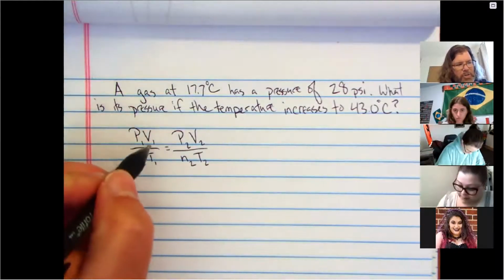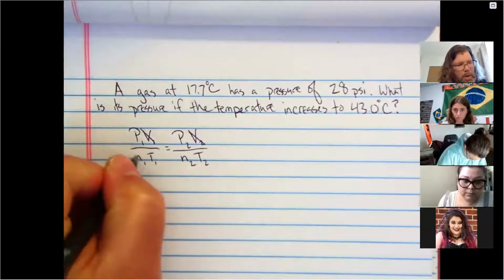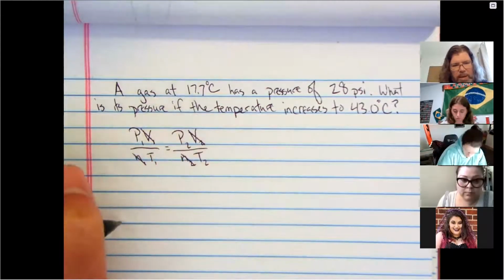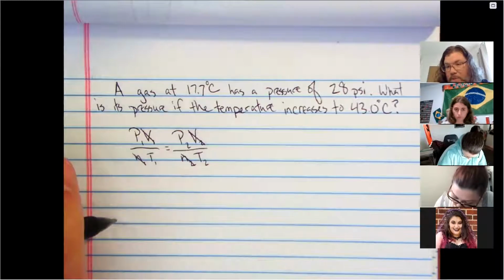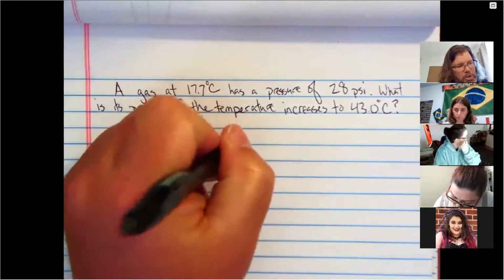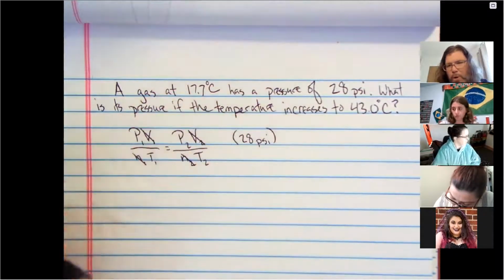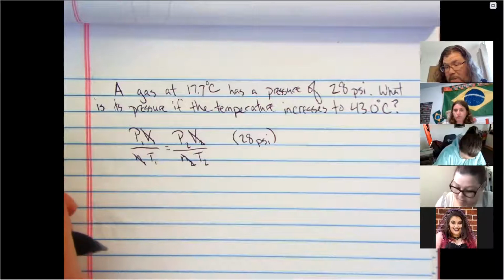So because that's true, V1 and V2 are the same thing, and we can cancel them out. N1 and N2 are the same thing here. We can cancel them out. So let's substitute in what we know and solve for what we don't. Our initial pressure is 28 PSI. Notice I put kind of a weird pressure unit, one we don't use very often, in this problem.